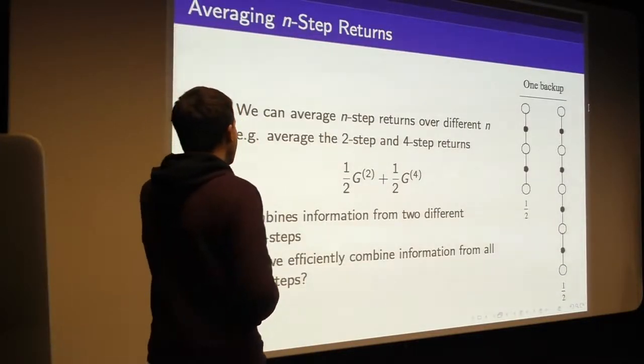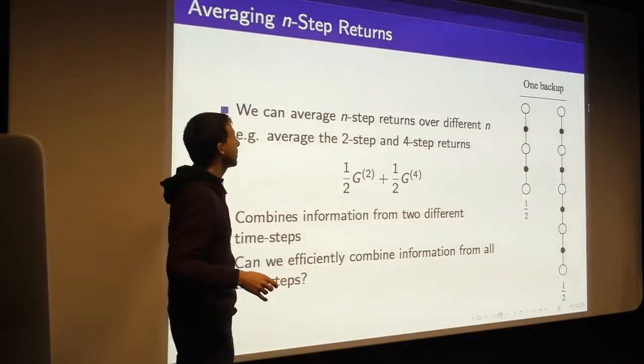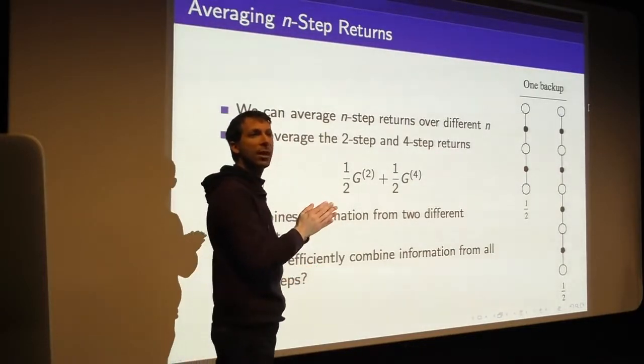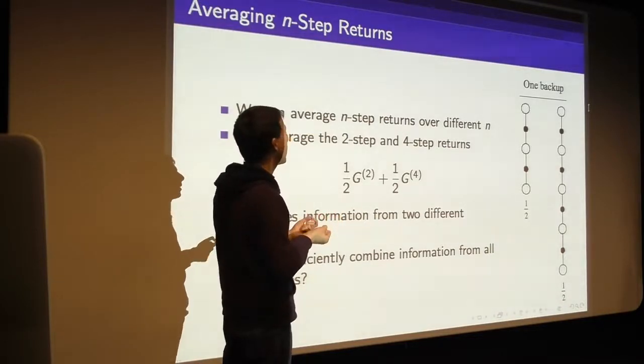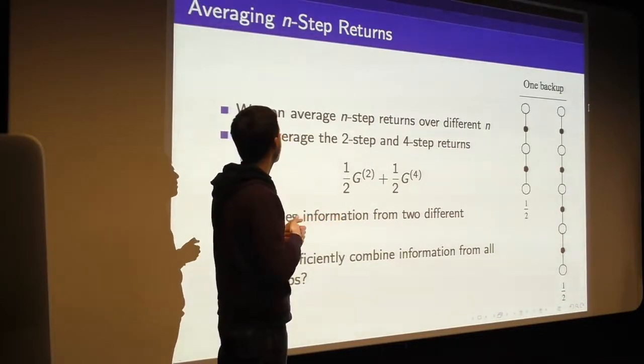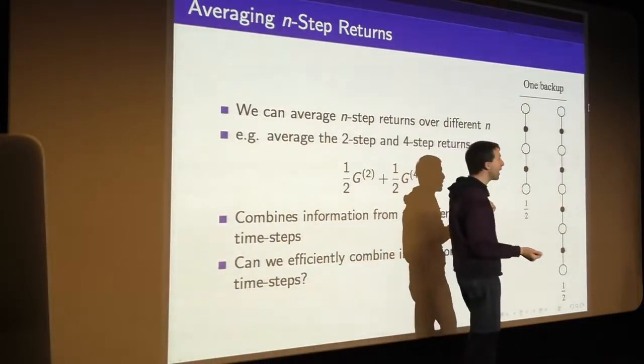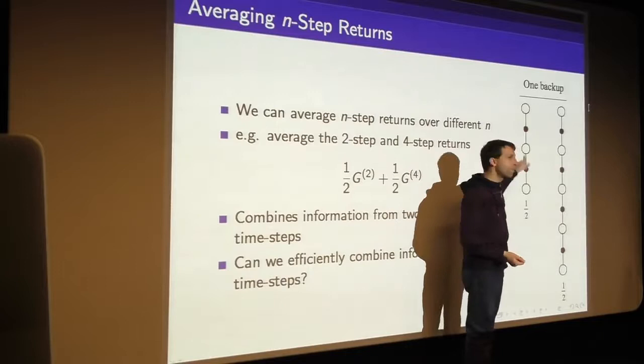So how do we do that? Well, the way to do that is to notice that we can average over these n-step returns. We don't have to just commit to one of them. We can take a target which combines multiple n-step returns together. For example, consider this case where we do one backup towards the average of both of these.